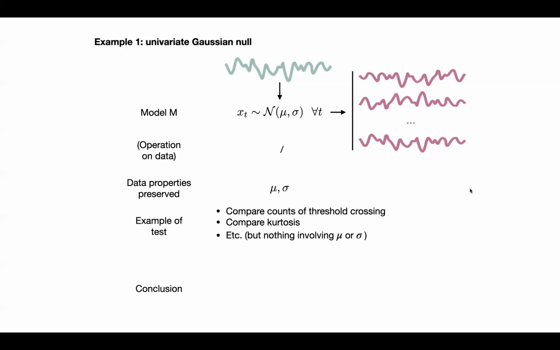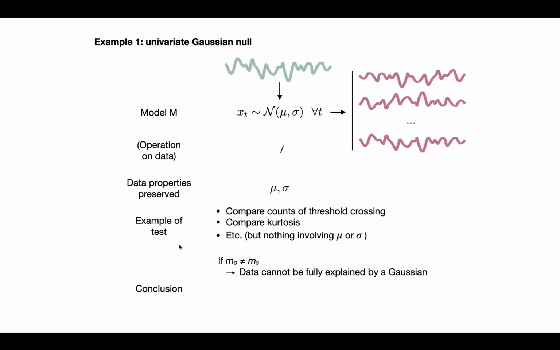Kurtosis is a measure of non-Gaussianity, and since your null is that the data is Gaussian, having a metric of non-Gaussianity is also a valid metric to be compared between original and surrogate data. And you could essentially define an infinite number of different metrics that could be compared between original and surrogate data, but again, nothing involving mu or sigma.